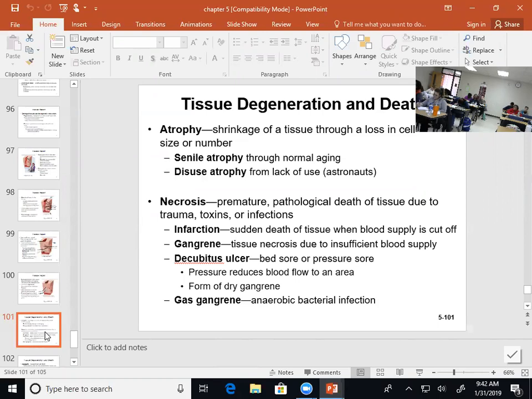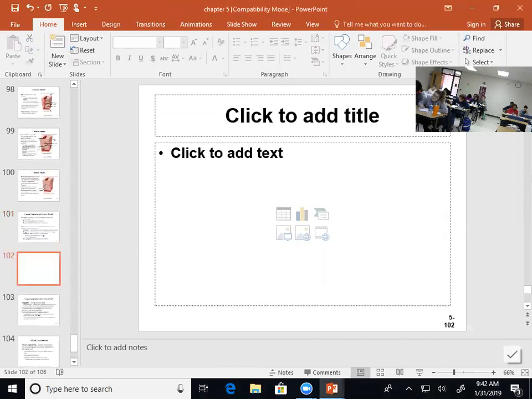Now, gangrene means that the tissues are infected, and usually we're referring to gas gangrene, which is going to be because of a bacterium. And I want you all to know the name of that bacterium, and this is one of the things that I will definitely spell for you, just because I think some of you might not hear what I say well enough to even look it up.